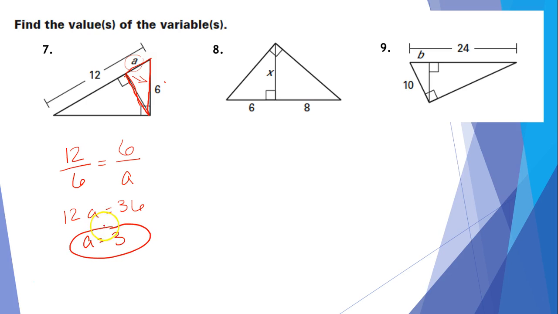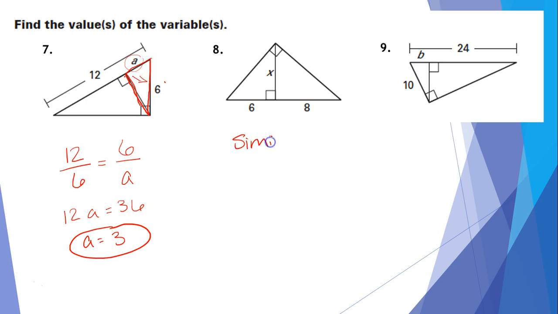There we go. Now, some hints on numbers 8 and 9. Well, number 8, I say go back to number 3 in these exercises and take a look at that. This one is a lot like number 3.